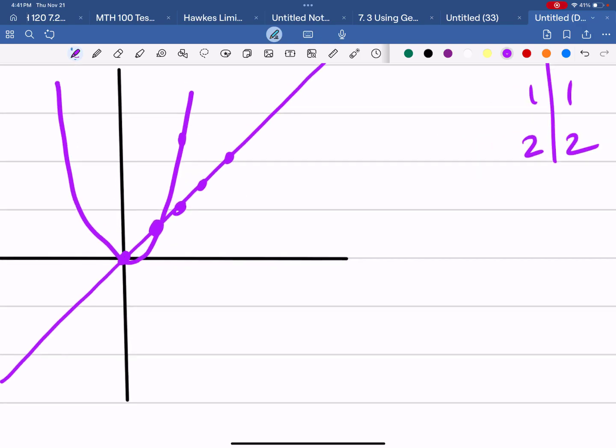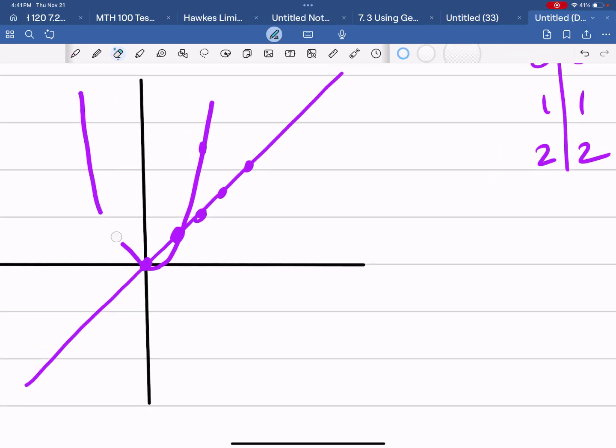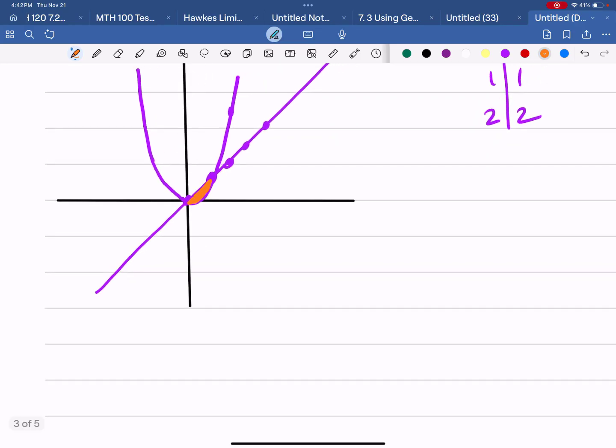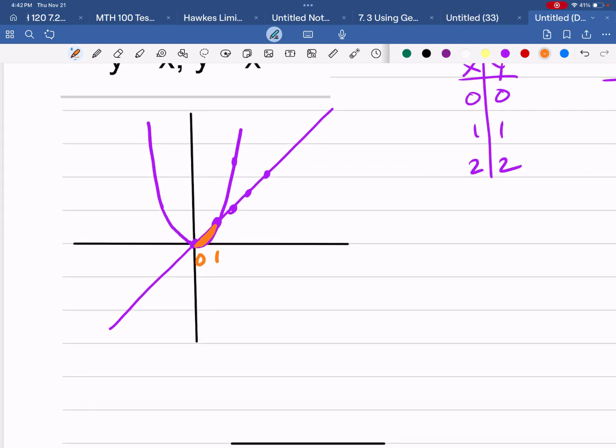And if I could blow that up, it's a parabola. The only thing they want us to find is this area in here. Right? So that goes from 0 to 1. That's the only area that's in between these two curves.